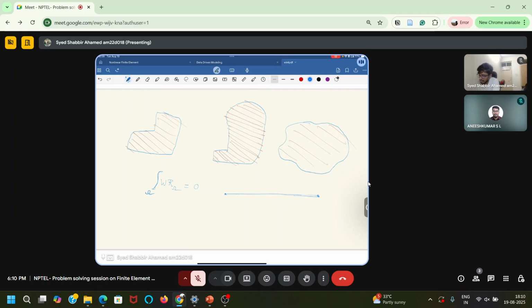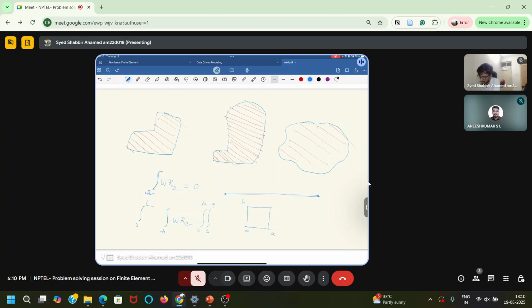For a bar, if I want to do integration over this domain, I'll just do integral 0 to L. And if I have some area like a square, a two-dimensional structure, I can just take an integral over the area, and replace this with a double integral, from 0 to a and 0 to b.